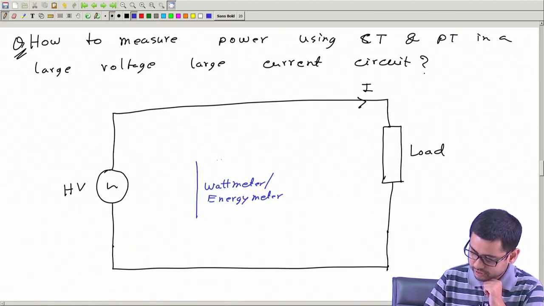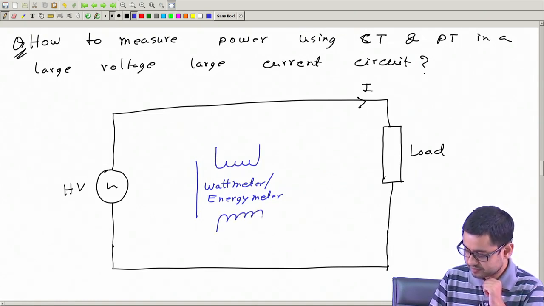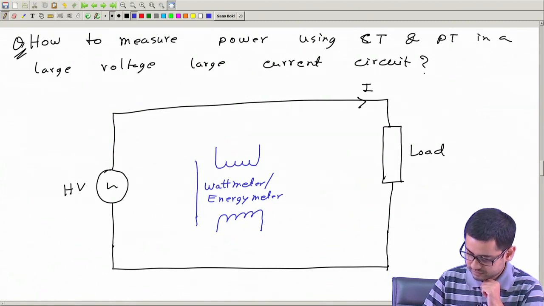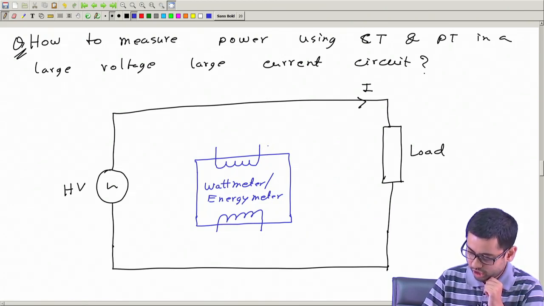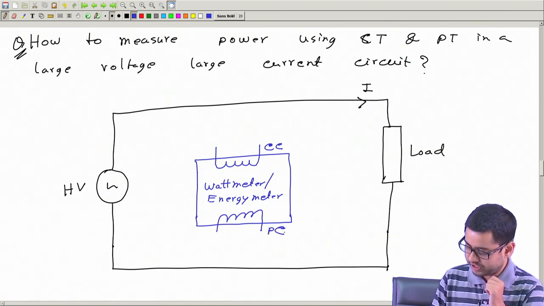Which will have two coils, one to sense the voltage, another to sense the current. Call one of them the current coil CC, another the potential coil PC, the voltage coil.